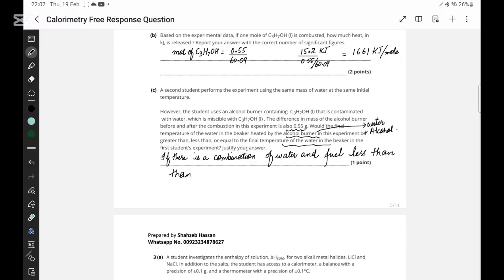Less than the mass measured by the first student, or less than the temperature measured by the first student. Why?